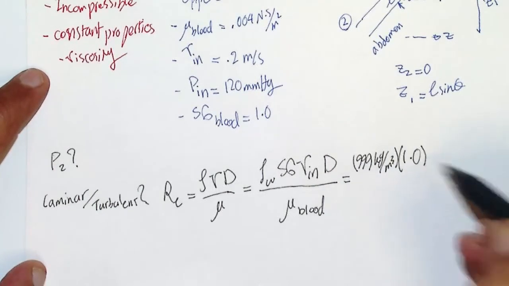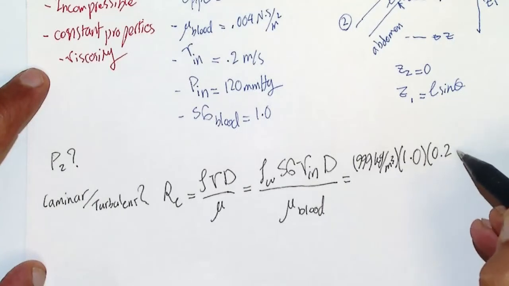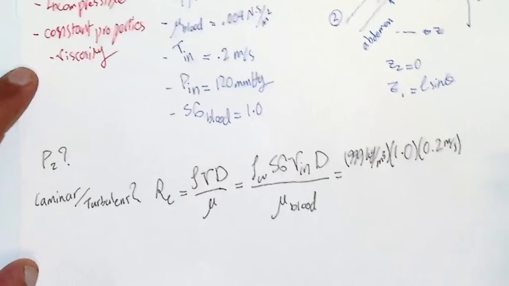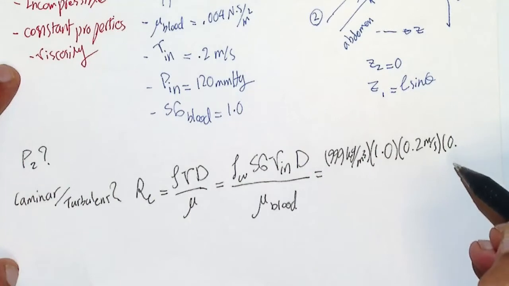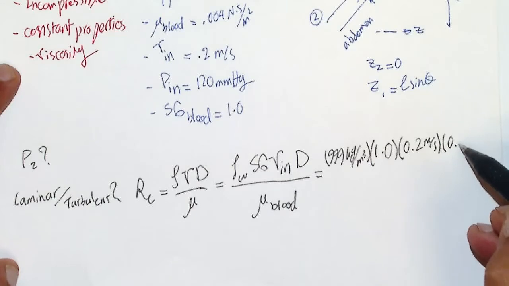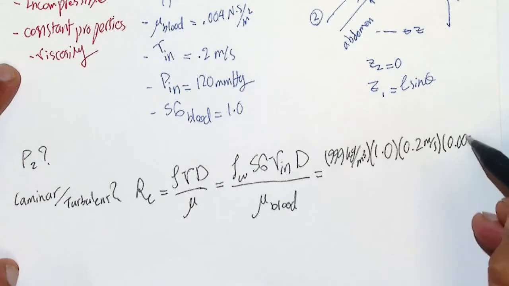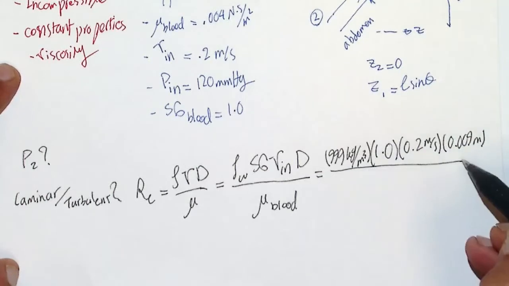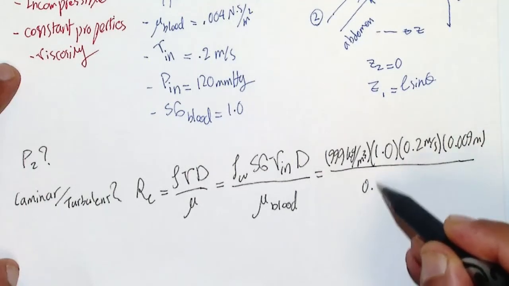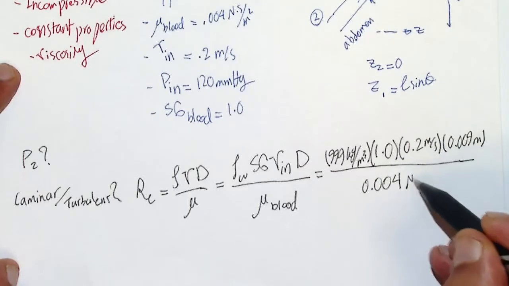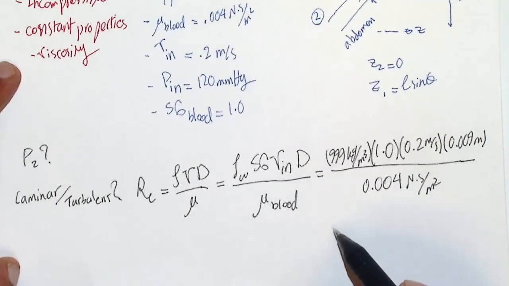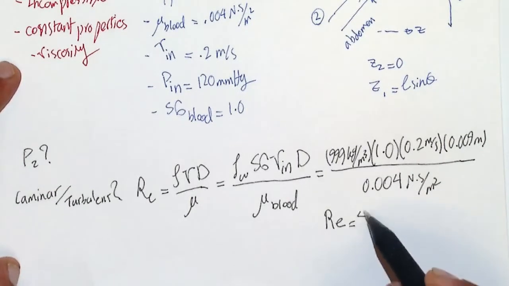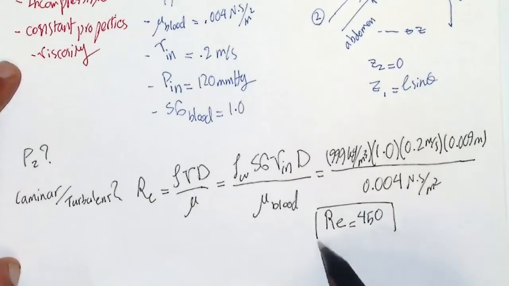Sg is going to be 1, V in is 0.2 meters per second, right? That's the velocity, and the diameter is 0.009 meter, over mu of the blood, which is 0.004 Newton second per meter squared. By calculating these numbers, the Reynolds number would be 450 in total.